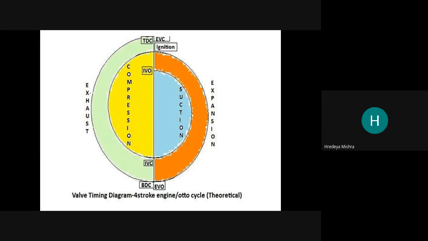So 180-degree move, sorry, it is the intake valve. Okay, suction is there. So this is your TDC and this is your BDC. So the piston moves TDC to BDC and the crankshaft rotates 180 degrees. See, the crankshaft rotates 180 degrees.